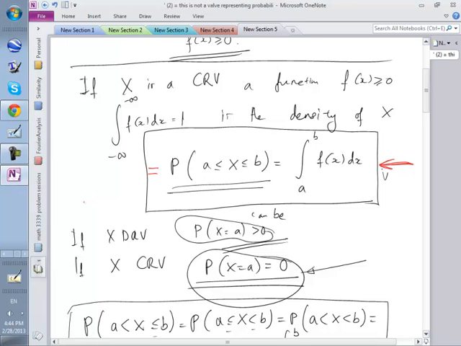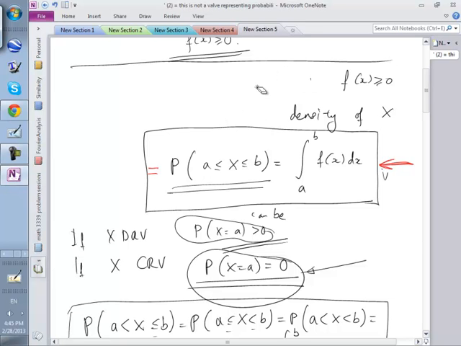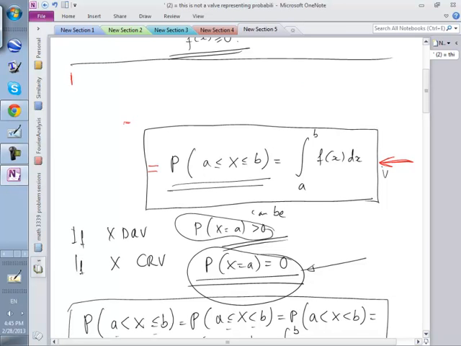Let's squeeze a calculation here. The first calculation is for probabilities. So the probability of X being less than or equal than B. If a value comes less than or equal than B, that value can be less than A or between A and B, correct?